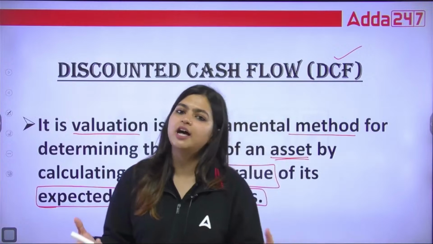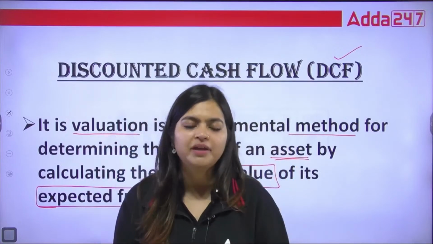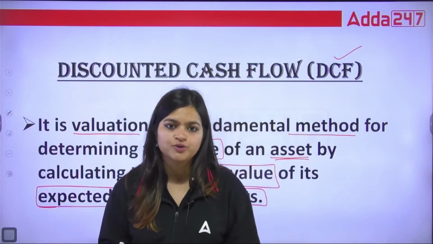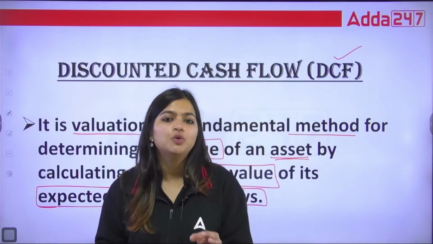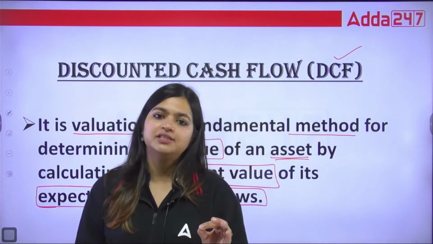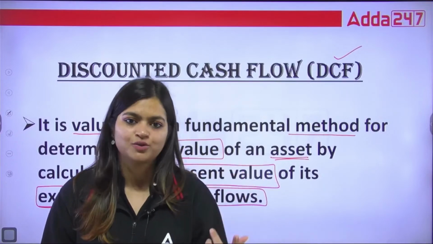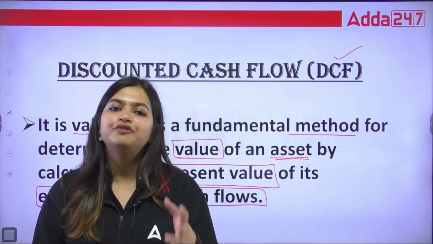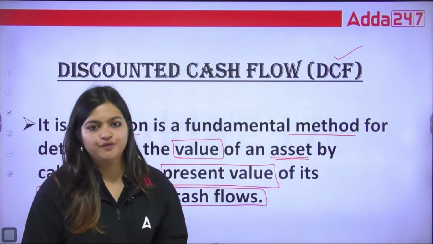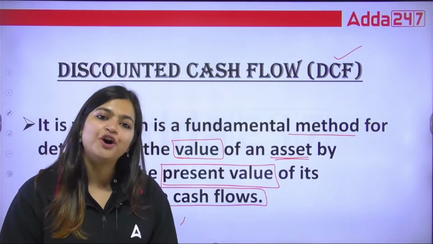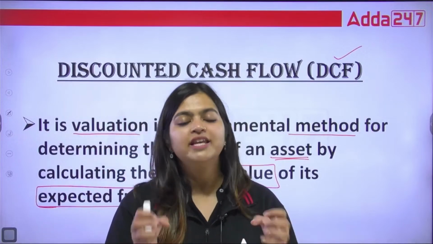So many things are present in the economy, not only in the economy, but internally in the businesses also. So for this, we require the perfect answer, which is after adjustment of other factors also. So for that, we discount the cash flows.